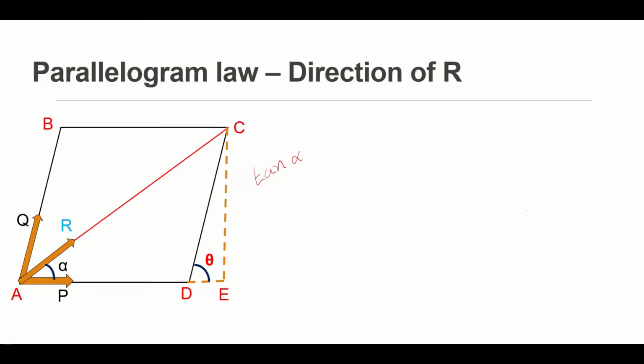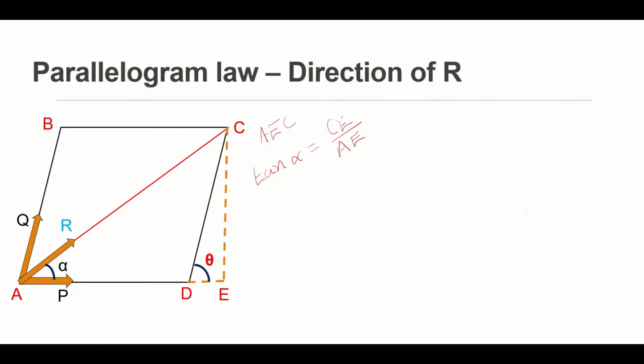Considering right angle triangle AEC, tan alpha equal to opposite side by adjacent side, right? So CE divided by, what is it? AE. Already we know that AE is P plus Q cos theta, right?